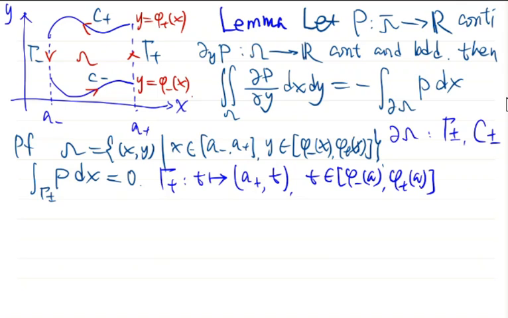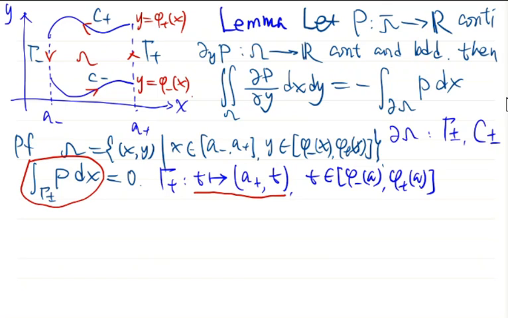So this map is a parametrization of our gamma plus, with the given orientation, that is, going up along gamma plus.